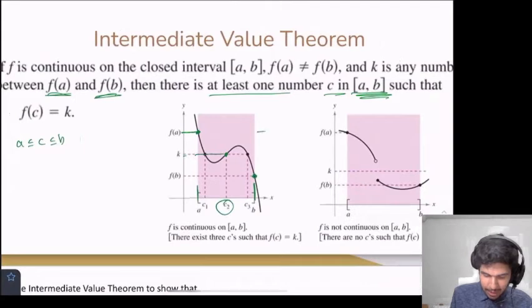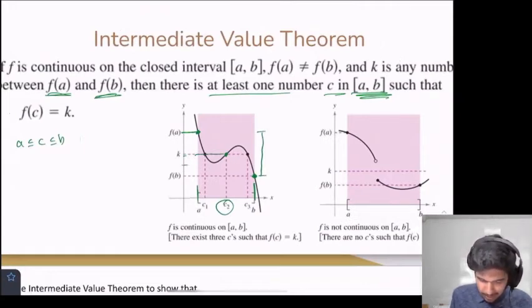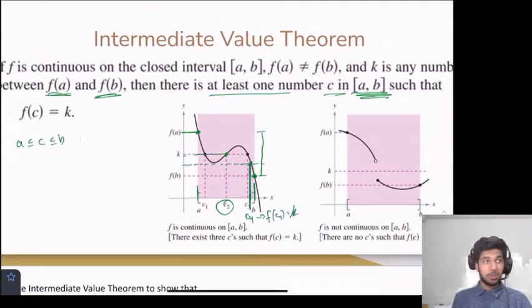So k can be anywhere in this range. But the point is, no matter what k we choose in that range, there will always be some point in the function where it's evaluated to k. So let's say we let k equal something down here. We can see there's some point, which we'll call c4, where f of c4 equals k. That's a pretty cool theorem.